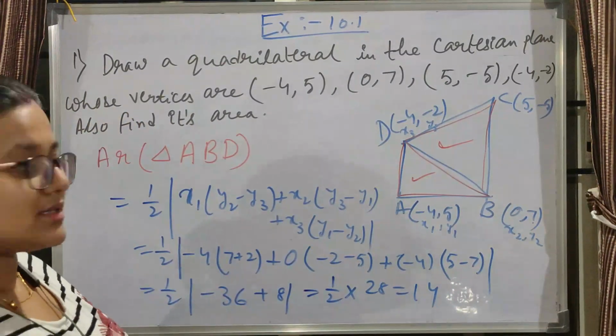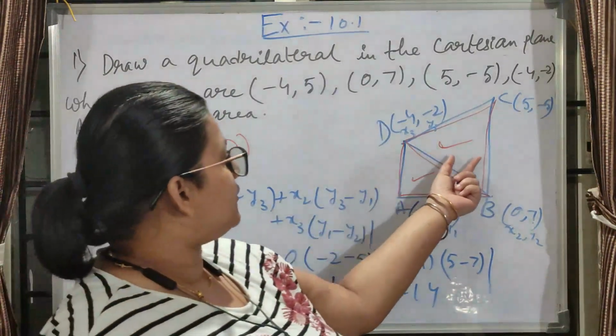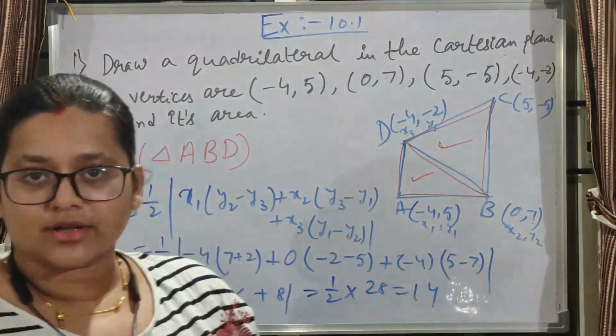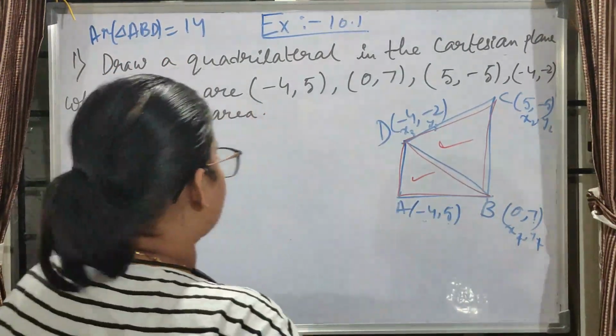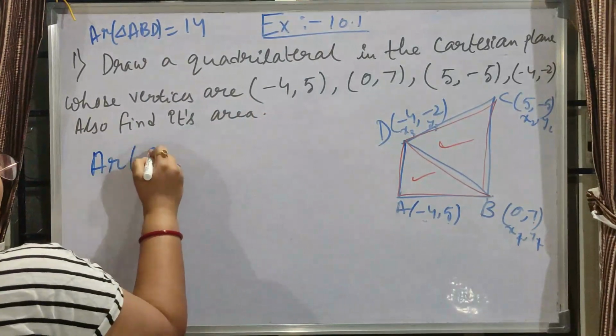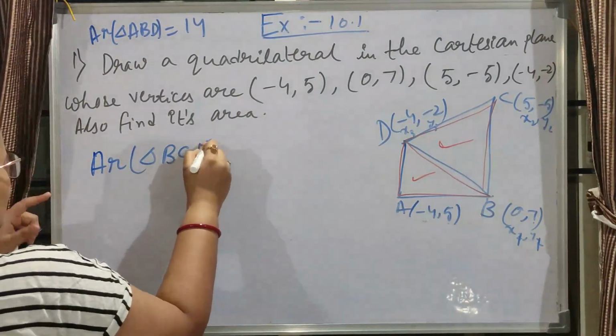In a similar way, we will find the area for BCD. So we have got the area of triangle ABD. Now we will find the area of triangle BCD. The formula will be the same.